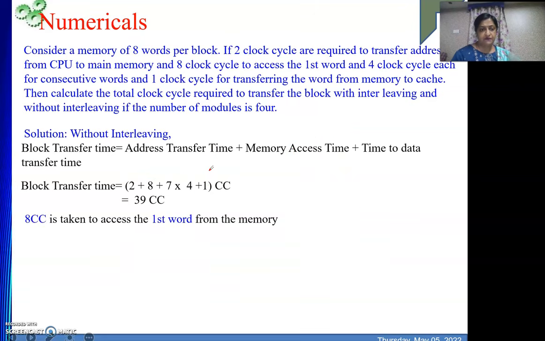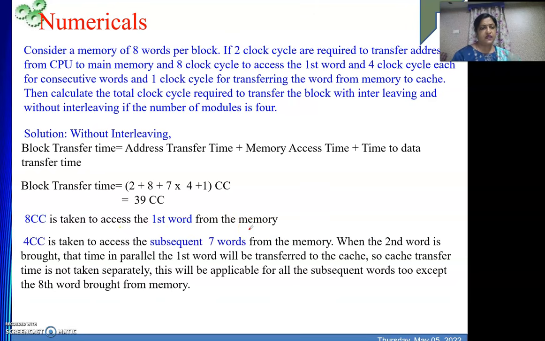So see here, I have written the explanation. 8cc is taken to access the first word from the memory. We understand that. 4cc is taken to access the subsequent 7 words from the memory. When the second word is brought, at that time in parallel, the first word will be transferred to the cache, right? So the cache transfer time is not taken separately.